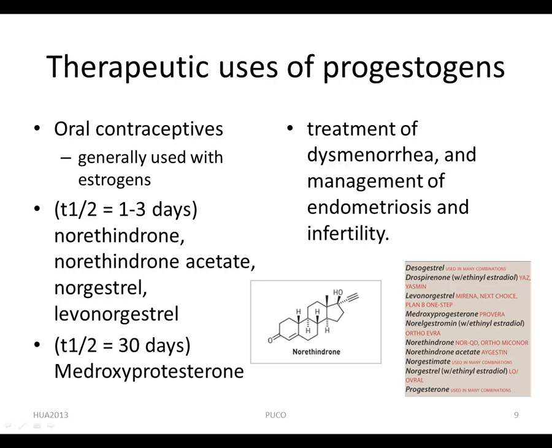Most synthetic progestins used in oral contraceptives, for example, norethindrone, norethindrone acetate, norgestrel, levonorgestrel, are derived from 19-nortestosterone and possess some androgenic activity because of their structural similarity to testosterone. Progestins are also used for the control of dysfunctional uterine bleeding, treatment of dysmenorrhea, and management of endometriosis and infertility.